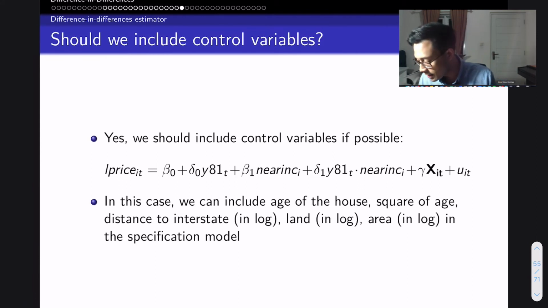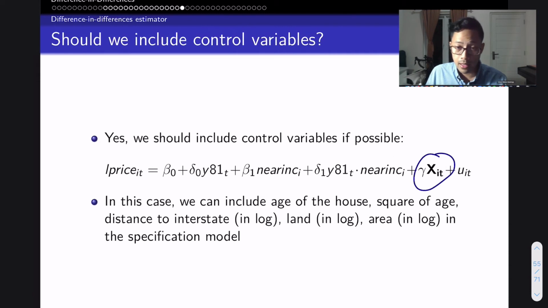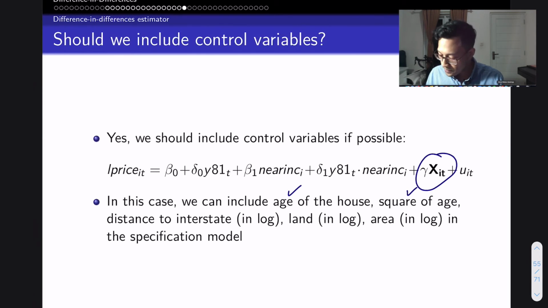So in this particular case, I'm going to have several variables in the factor X that may affect prices of the houses. That includes the age of the houses, the squared age of the house, the distance to the highway or the interstate in log term, and land area in the specification model.